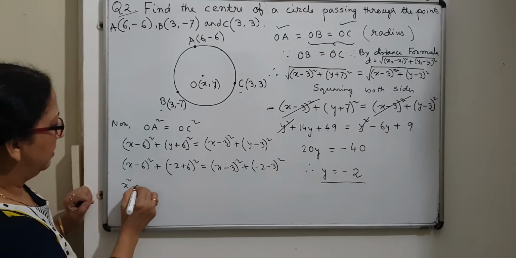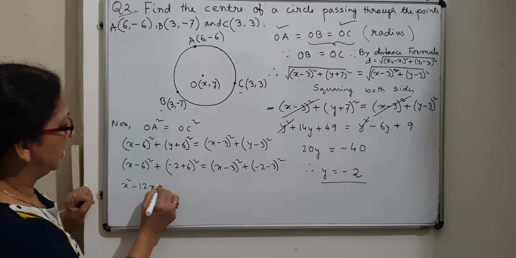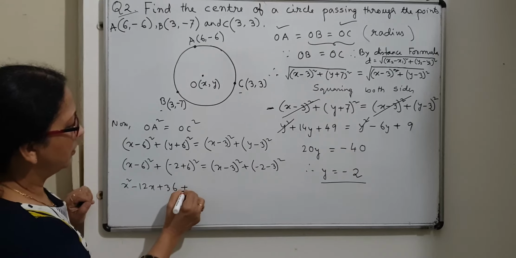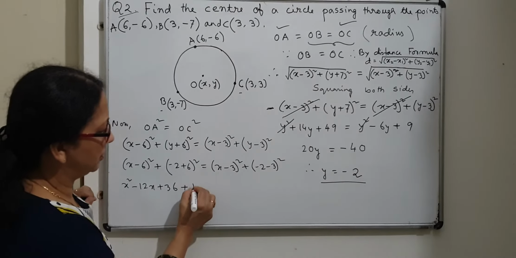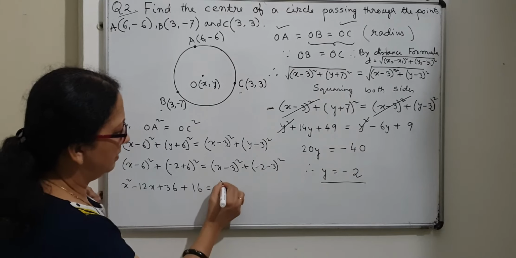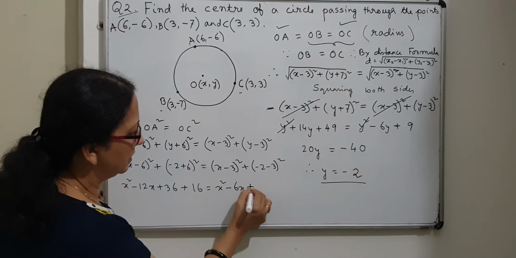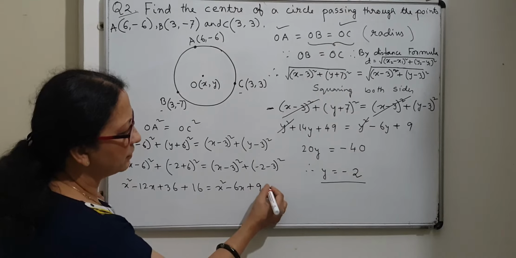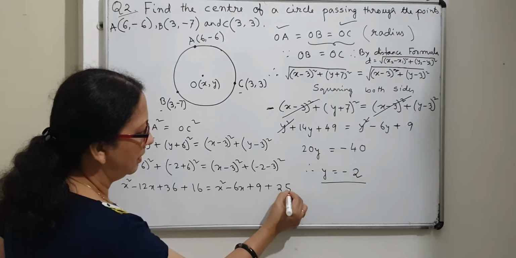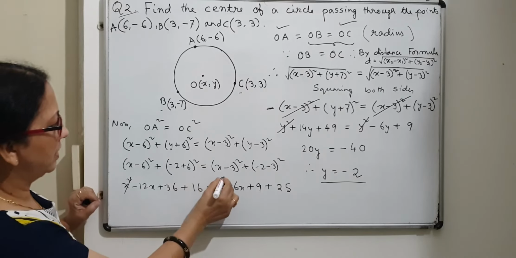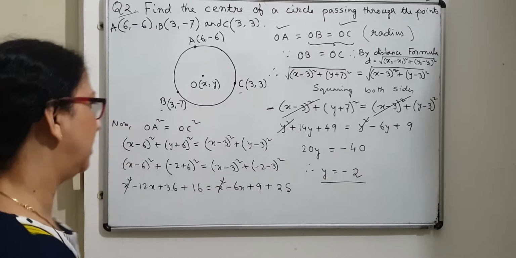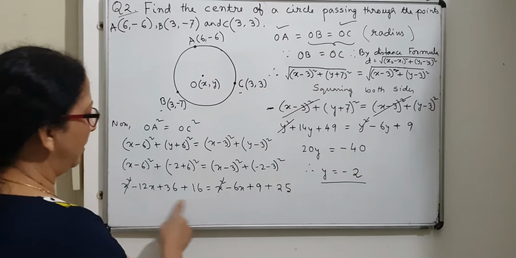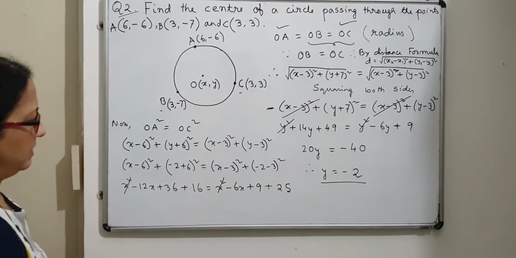So x square minus 12x plus 36, and minus 2 plus 6 is 4, so 16, is equal to x square minus 6x plus 9, and minus 5 whole square is 25. So this x square gets cancelled, so this will be a linear equation in one variable. So we can very easily solve now.